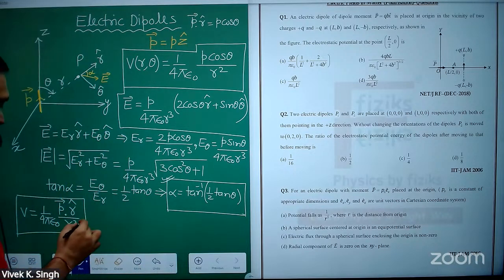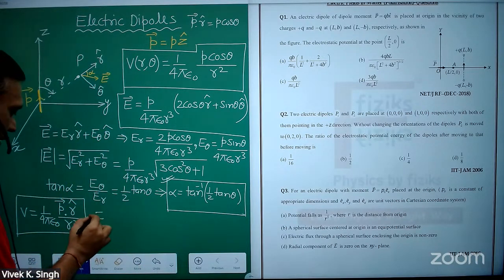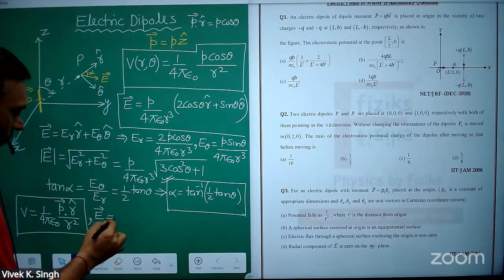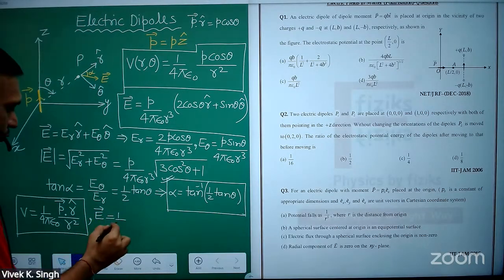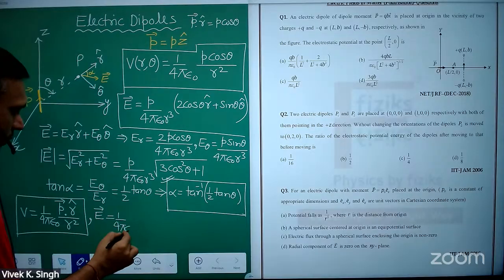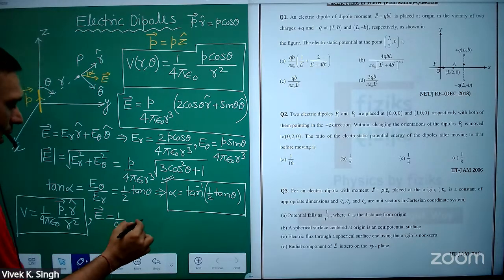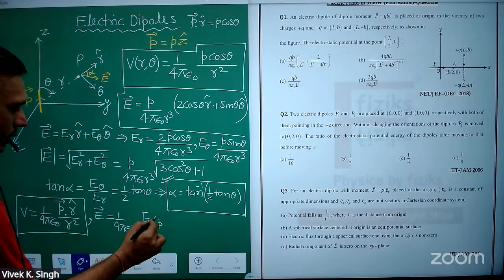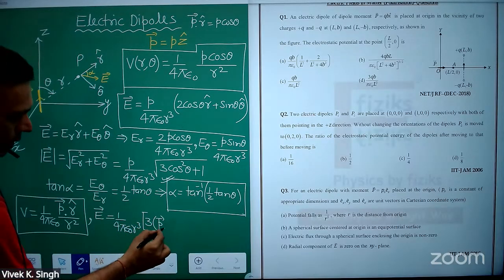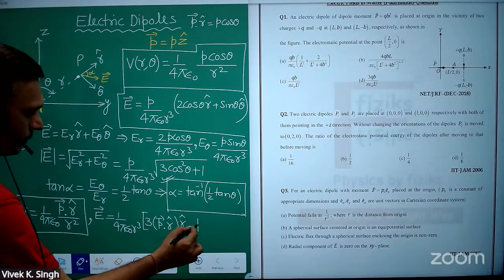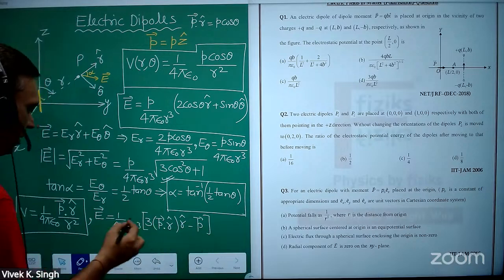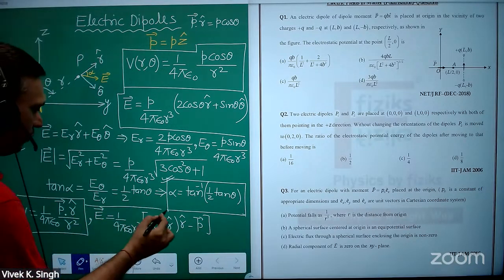And if you find the electric field in coordinate free form, this electric field is given by 1 by 4 pi epsilon naught r cube, 3 P dot r cap r cap minus P. So you must remember this formula in coordinate free form also.